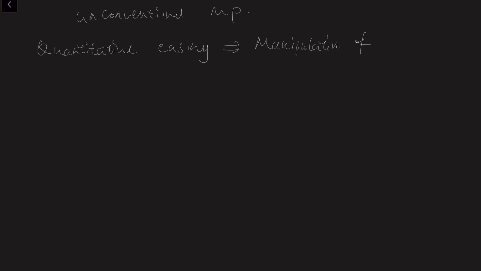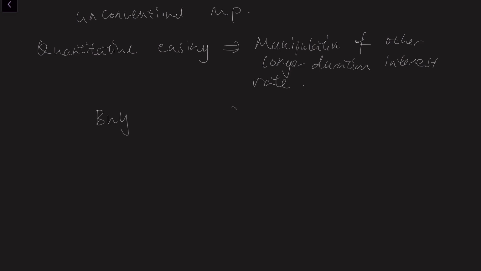A new addition to the study design is the unconventional monetary policy. So some examples: quantitative easing. So quantitative easing is the manipulation of other longer duration interest rates. So how does this work?